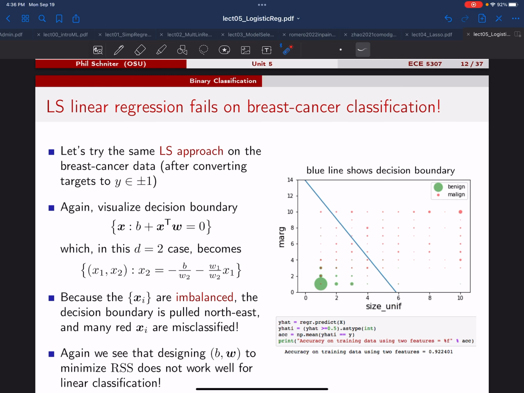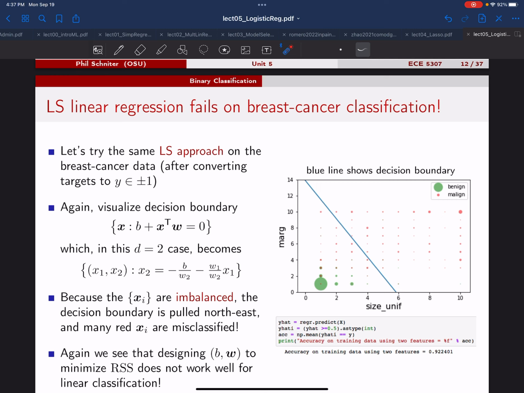But as you can see, least squares places the decision boundary here. And there are a lot of red points here that are going to get misclassified. Here again, the reason is that the green points are clustered tightly together and the red are spread out. This is just another example of that imbalance. Here we're seeing it in 2D. Previously, we saw it in 1D.